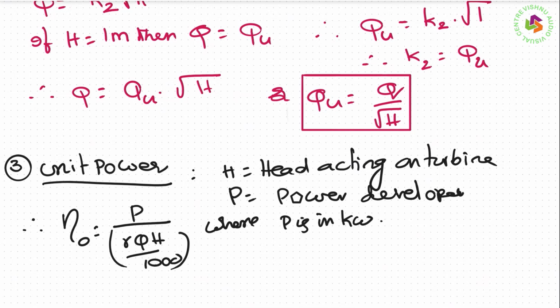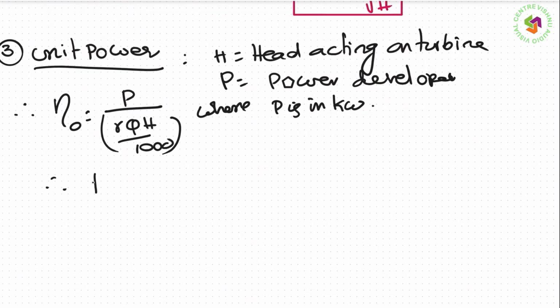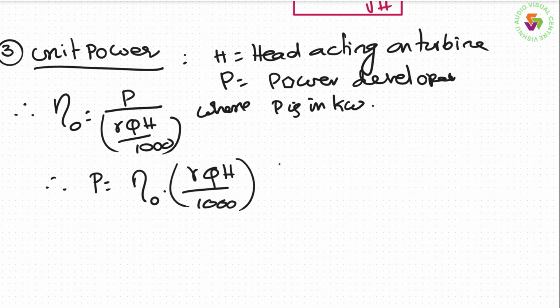Fine. So therefore, P is equal to eta 0 into gamma QH by 1000. That signifies P is proportional to Q into H. This is the first thing.